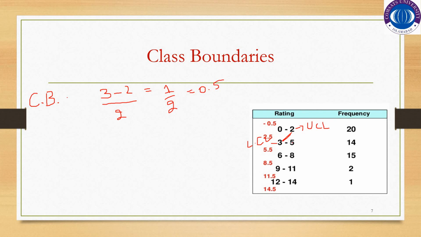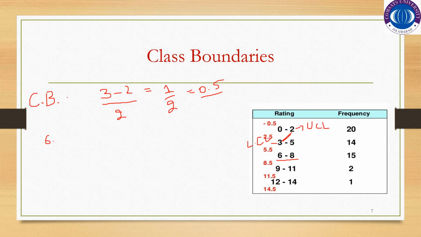Now, how will we make the class boundaries? First, we will subtract this number from the lower class limit of the class and will add this number to the upper class limit of the class. For example, if we want to create class boundaries for the third class, what will we do?